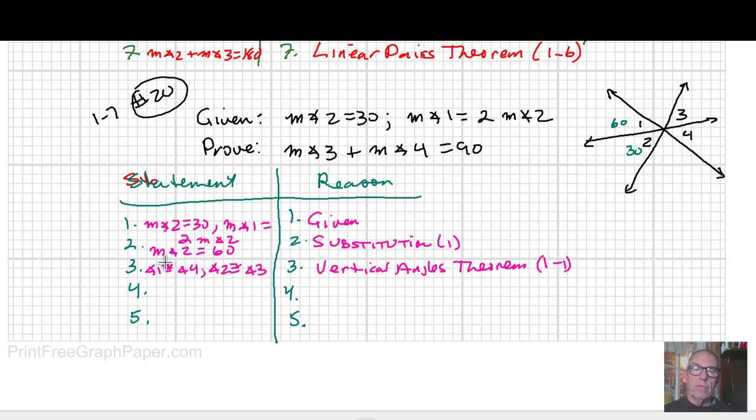A better proof might have as an extra step to note that they are vertical angles and then use the vertical angles theorem. Now, if we have that, that means that the measure of angle 1 equals the measure of angle 4, and also the measure of angle 2 equals the measure of angle 3. And that's the definition of congruent angles.